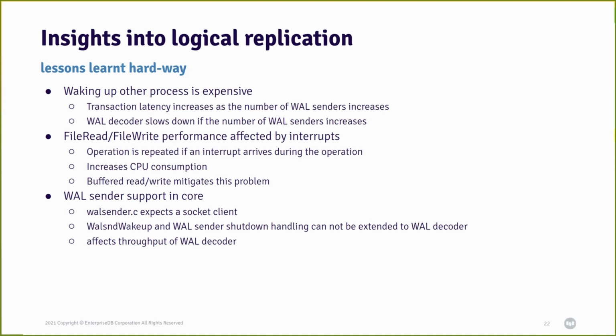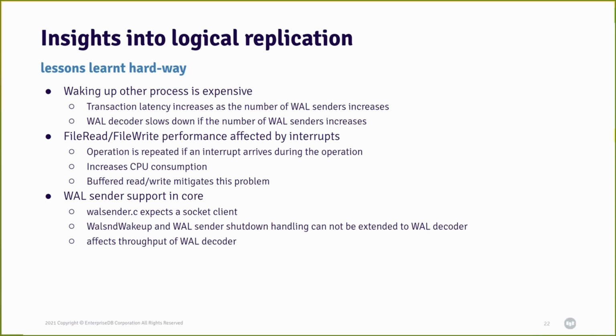So it expects that the process in which that module is running has an open socket through which it is sending these logical changes. And for WAL decoder that is not true. So we could not use the WAL sender module as it is. We had to duplicate that code and make WAL decoder look like a separate process.